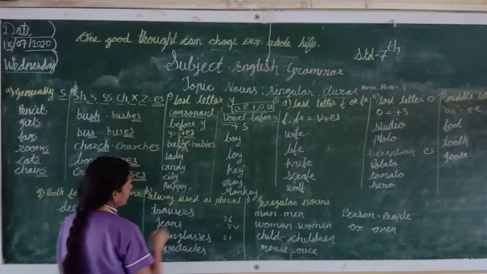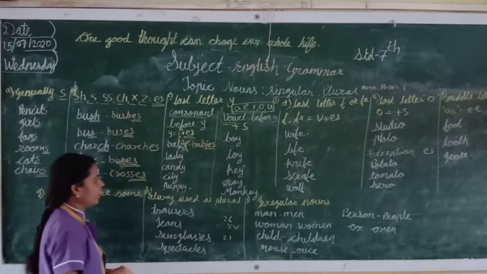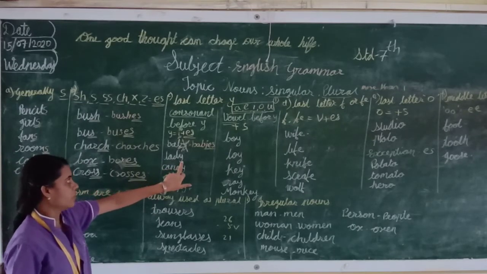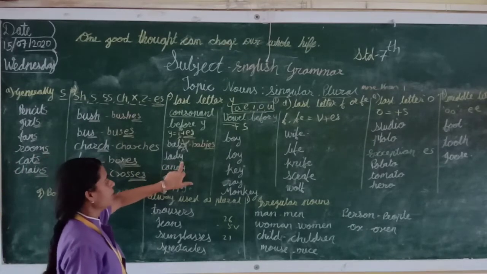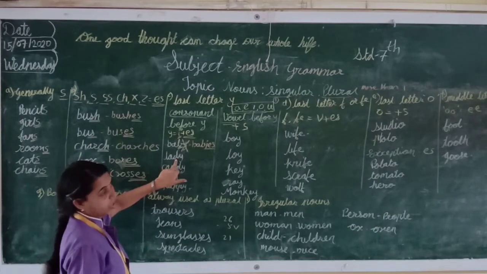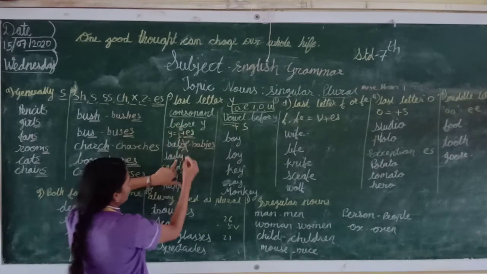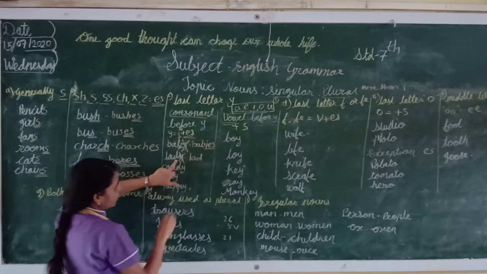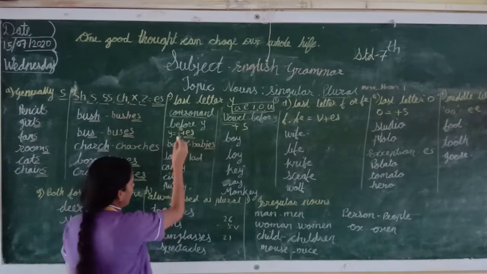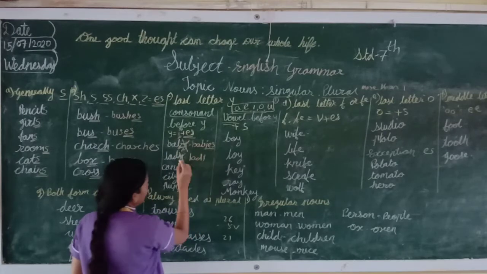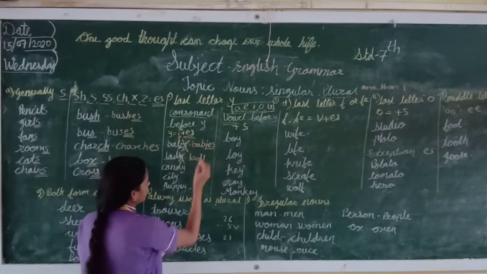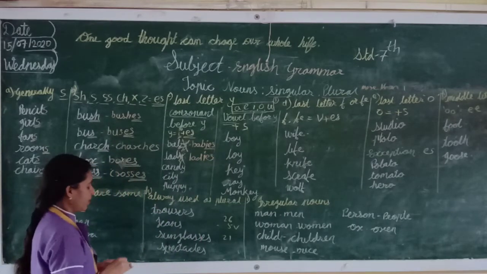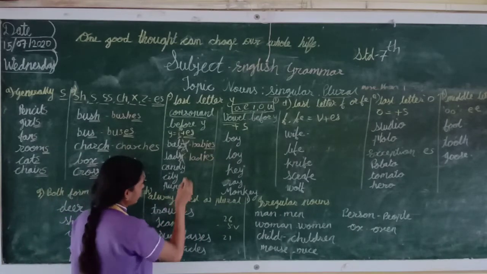I hope students you understood. Here we have lady. The last letter is y, and before y there is d. D is a consonant, so we will remove y and write ies. Y will convert into i and then es. Now here also candy.